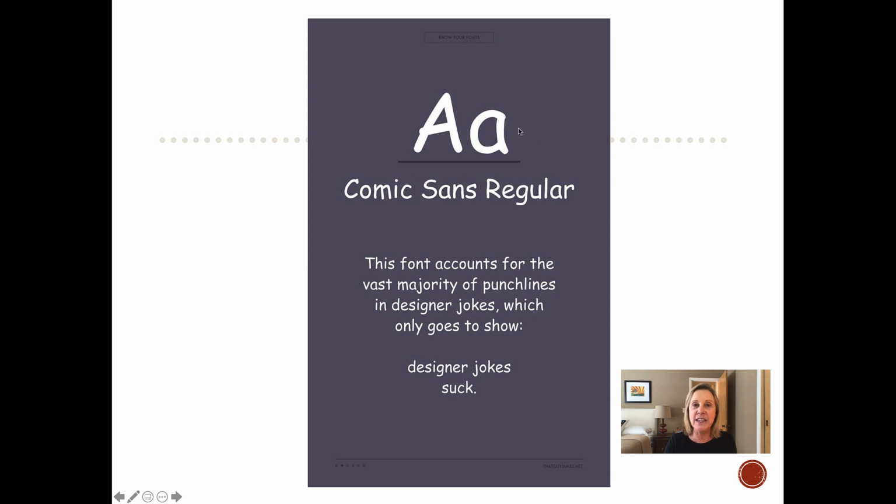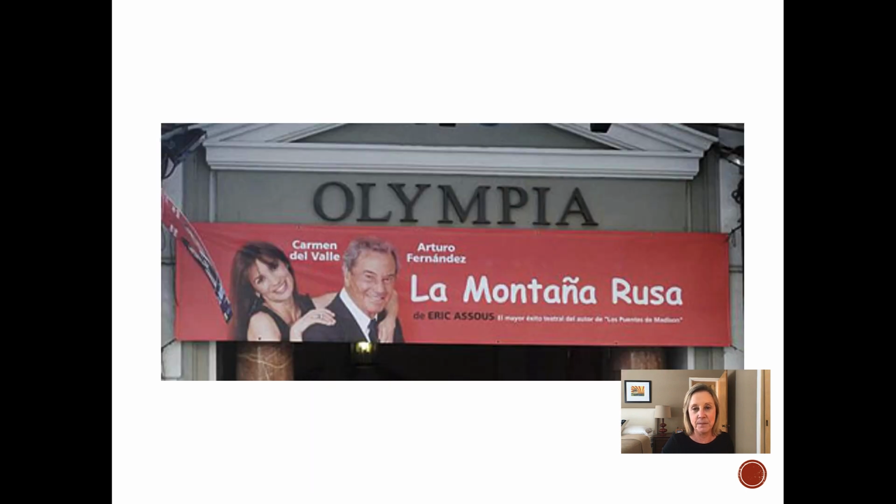As you can see in this sweet little poster, this font accounts for the vast majority of punchlines and designer jokes, which only goes to show designer jokes suck. However, Comic Sans has gotten its reputation partly from weird usages like this banner on the largest theater in Valencia, Spain.